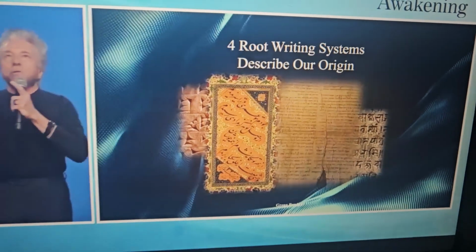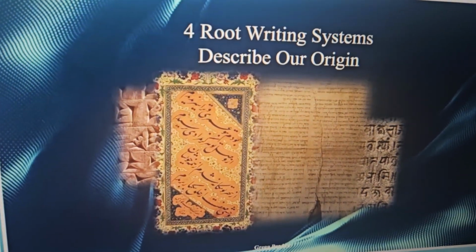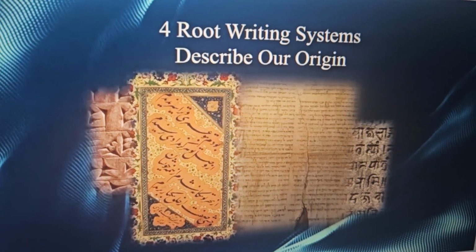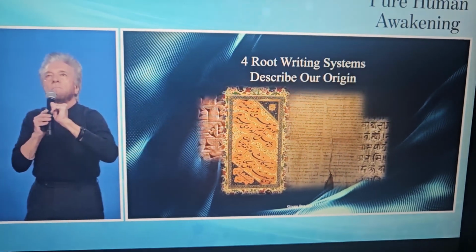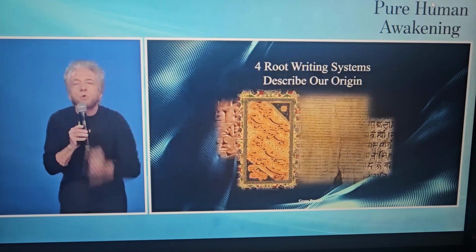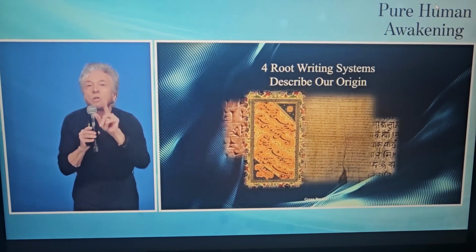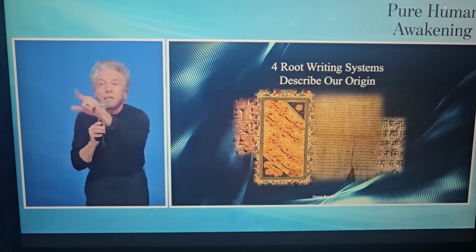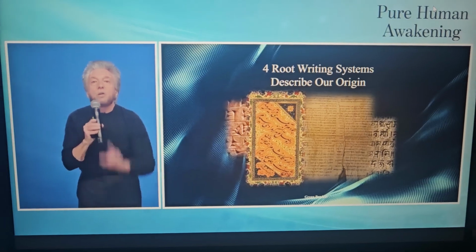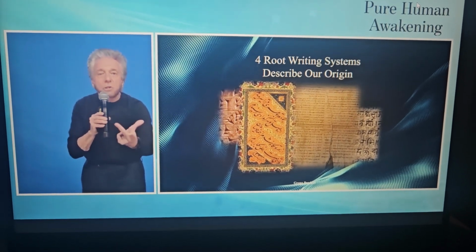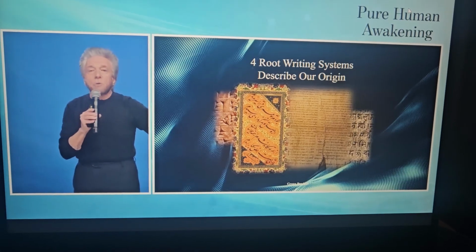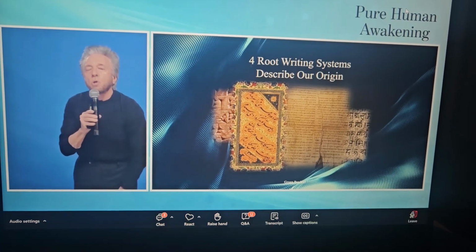Now, this is important. The reason I'm saying this to you is we're going to decode a message in the DNA of every human on the face of this earth. That message is so universal that you can decode it into any one of these languages: Arabic, Hebrew, Sanskrit, cuneiform, and other ancient languages, but these are the 4 core languages.